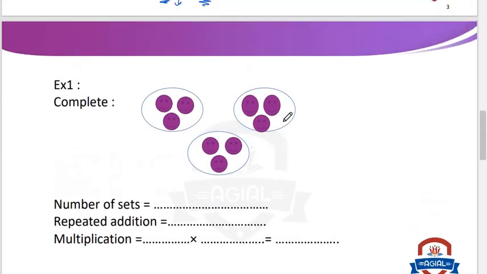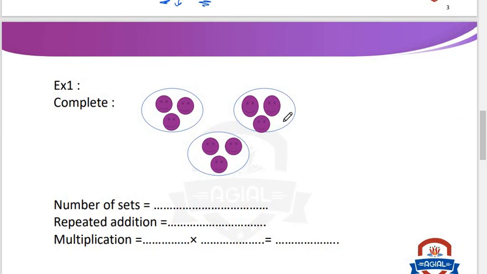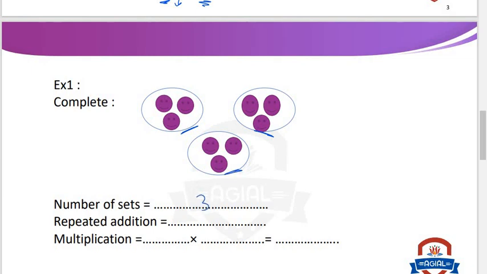Okay, example in here, complete. This is about groups. At first, number of sets or number of groups. How many groups do we have? 1 group, 2, 3. So we will write in here 3 groups. Okay, repeated addition. Use addition. We have 3 groups, and in each group how many smile faces? 1, 2, 3.